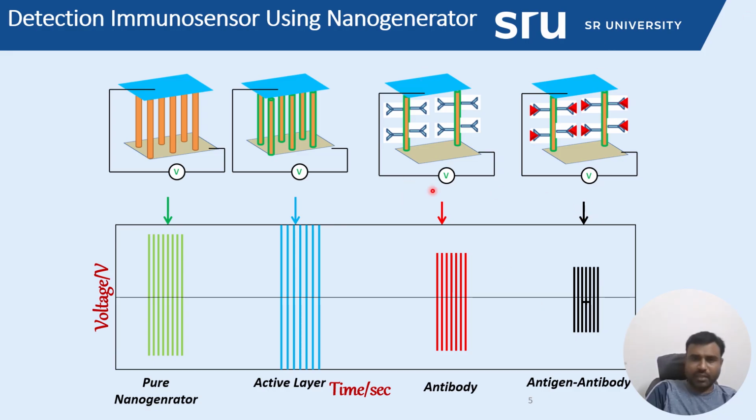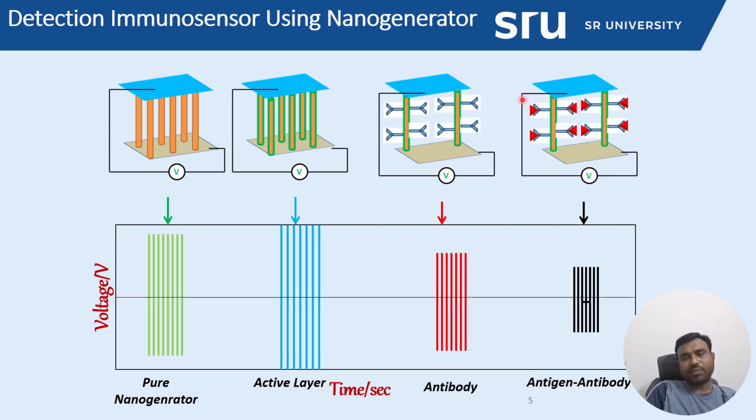So further, in the fourth step, this is the important step to monitor. According to this scheme, this is the antibody, and our aim is to detect the antigen. We know the antigen antibody reaction is a highly specific reaction. A particular antibody specifically reacts with the corresponding antigen only. So the antigen antibody reaction is a highly selective, highly specific reaction.